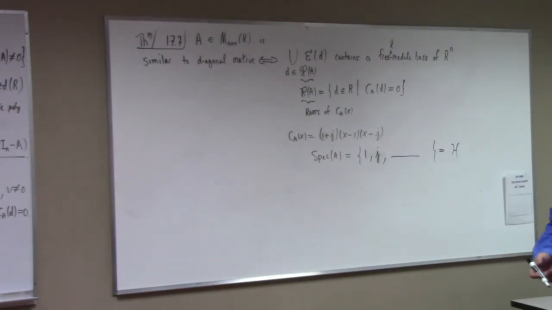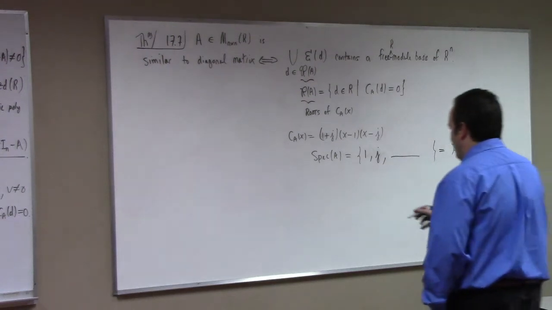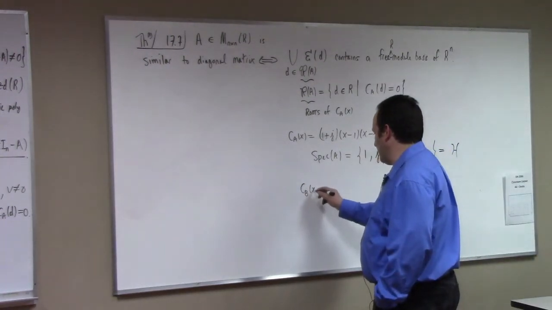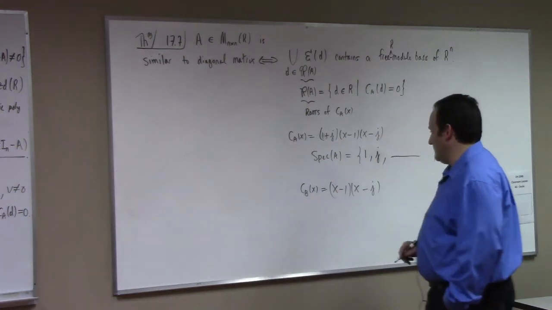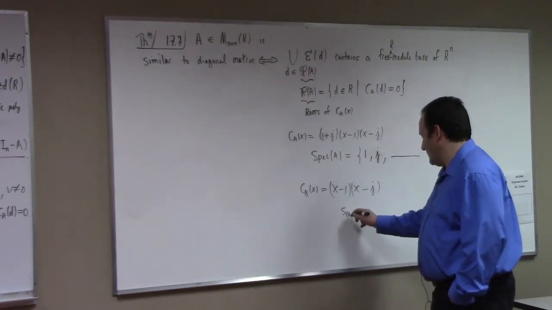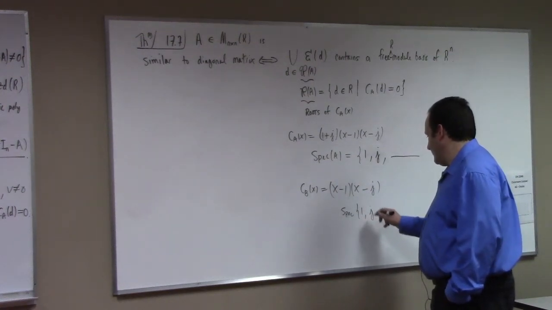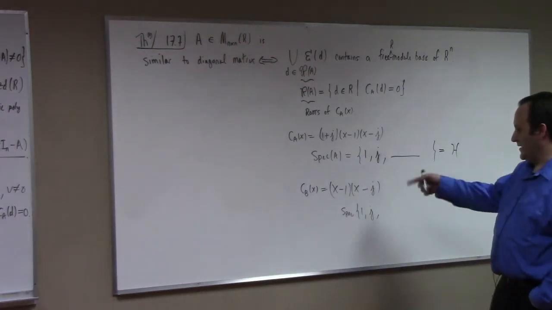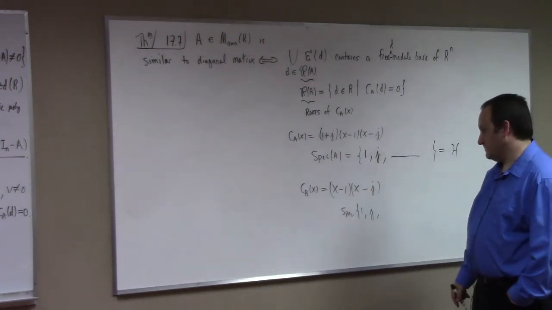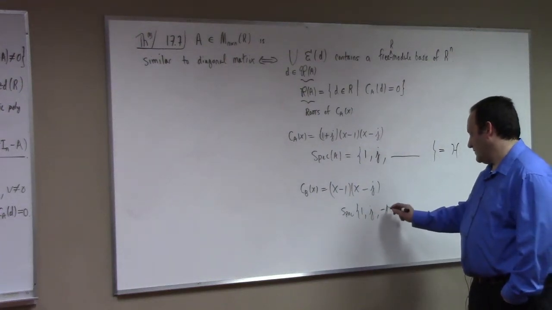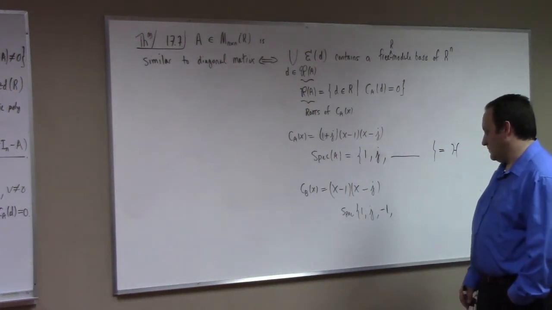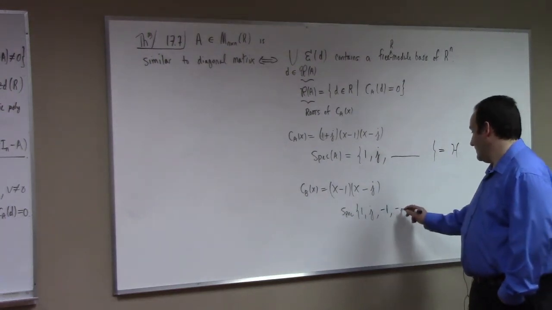King is trying to talk me down. He's telling me I should do something like C B of X is something like this instead. So then the spectrum would include, of course, 1 and j. And how can I make that work out to a zero divisor? Minus 1? Very good. Minus j, yeah.